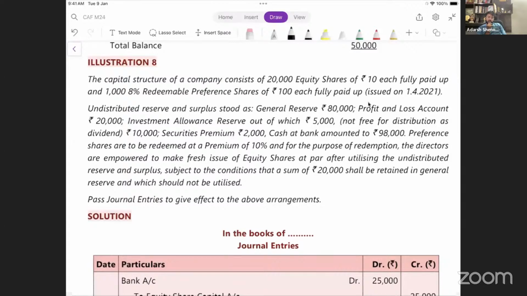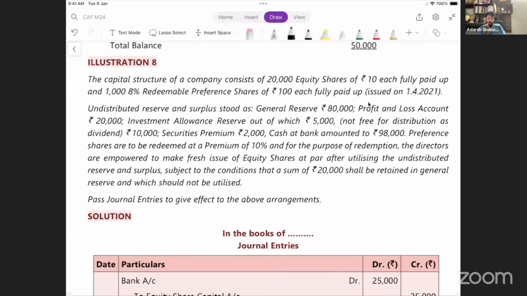Undistributed reserves and surplus stood as general reserve 80,000, profit and loss account 20,000, investment allowance reserve 10,000, out of which 5,000 is not free for distribution as dividend. Security premium 2,000. Cash at bank amounted to 98,000.